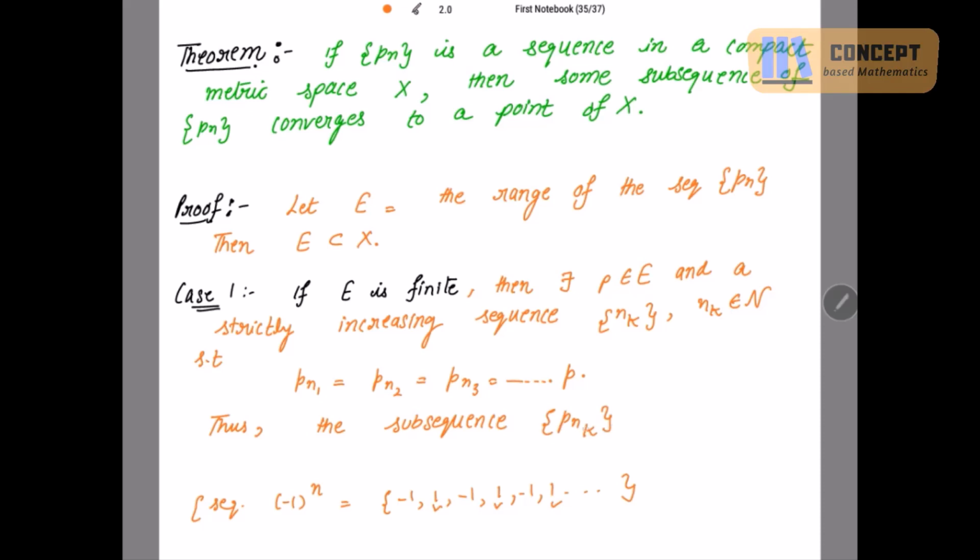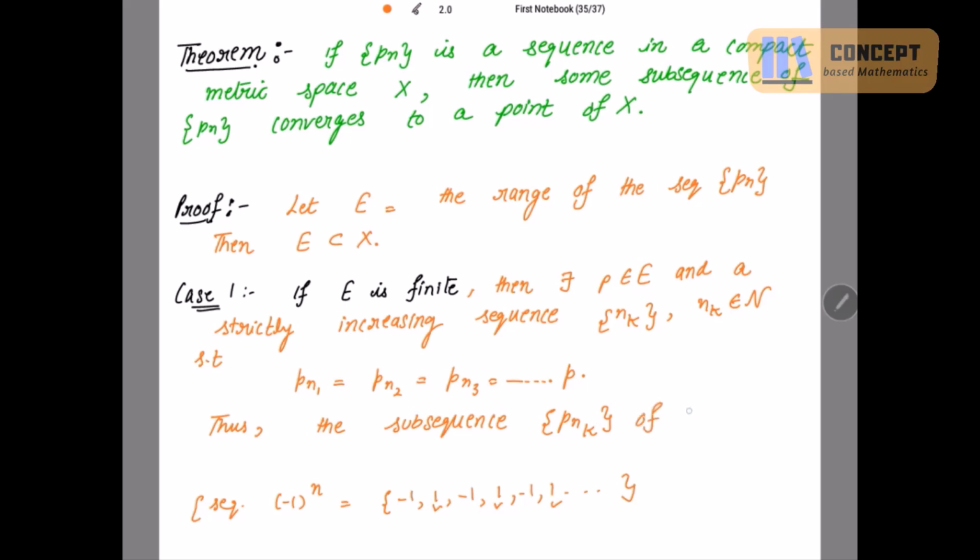Remember, we write Pn for the sequence, we write Pnk for the subsequence. If k is equal to 1, this is Pn1. If k is equal to 2, this is Pn2. If k is equal to 3, this is Pn3. These are the elements of the subsequence, right?